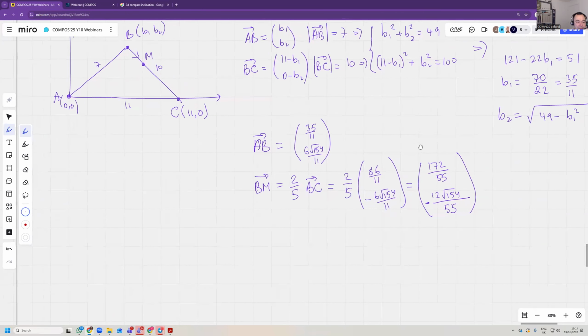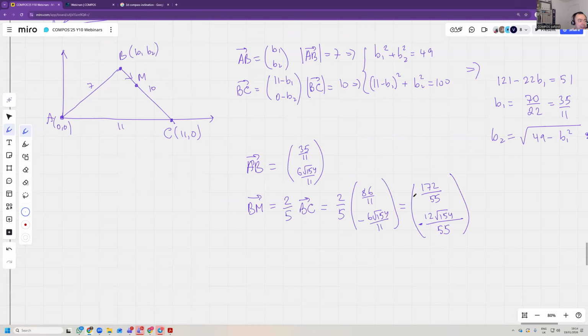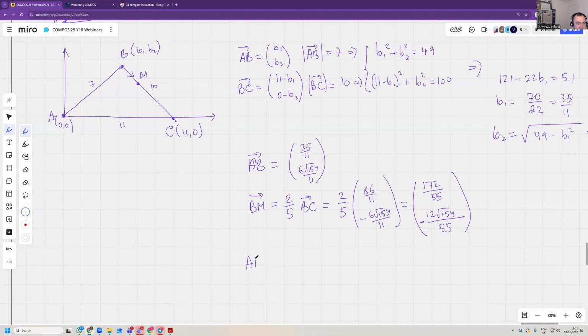Oh, no, we need AM now. AM is AB plus BM, which is (35/11, 6 root 154 over 11) plus (172/55, minus 12 root 154 over 55). I get a feeling that this is not going to be pretty.